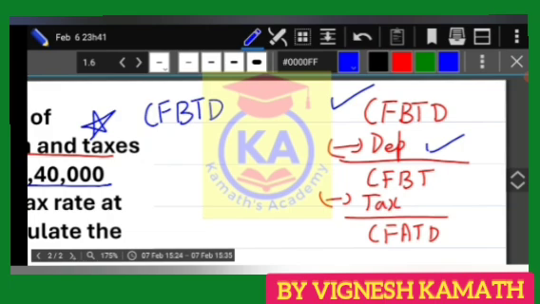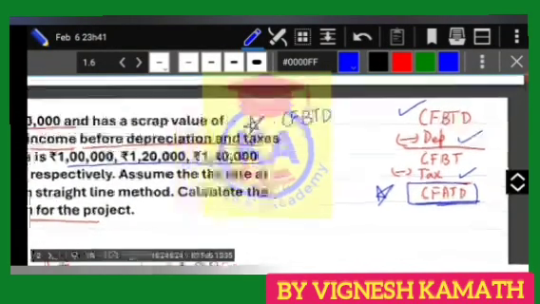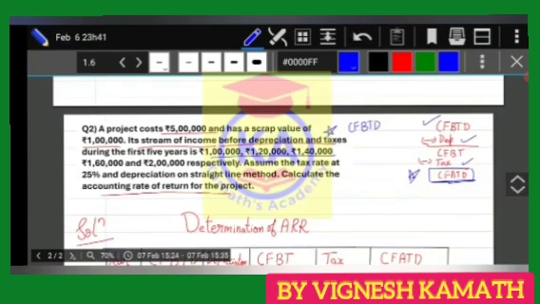From that value you have to deduct tax, and the final value is cash flows after tax and depreciation. This value is required for computing ARR. Only for the ARR method we require CFATD. I am repeating this again and again so that it fits into your head. For computing ARR we require CFATD.